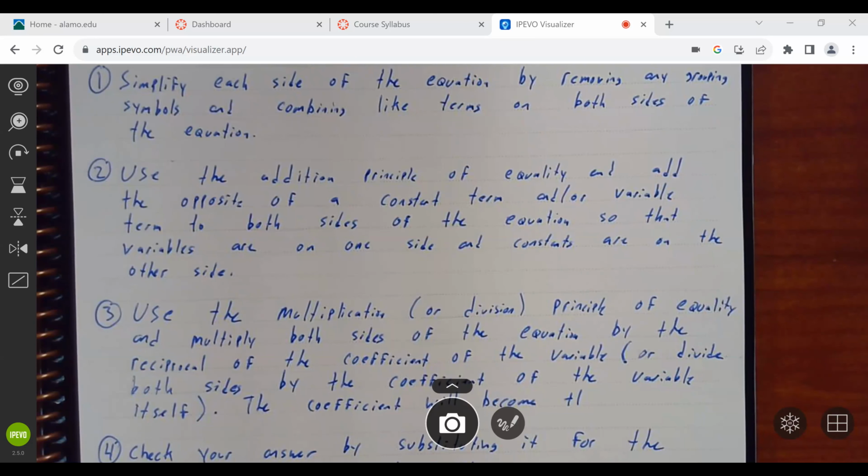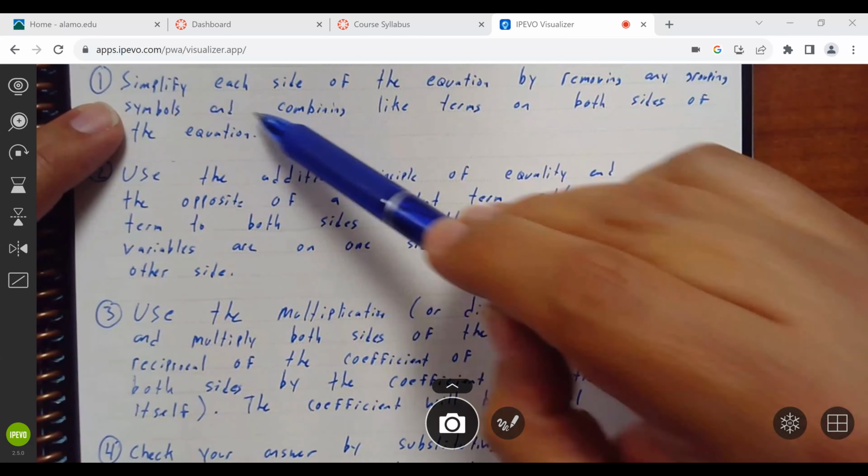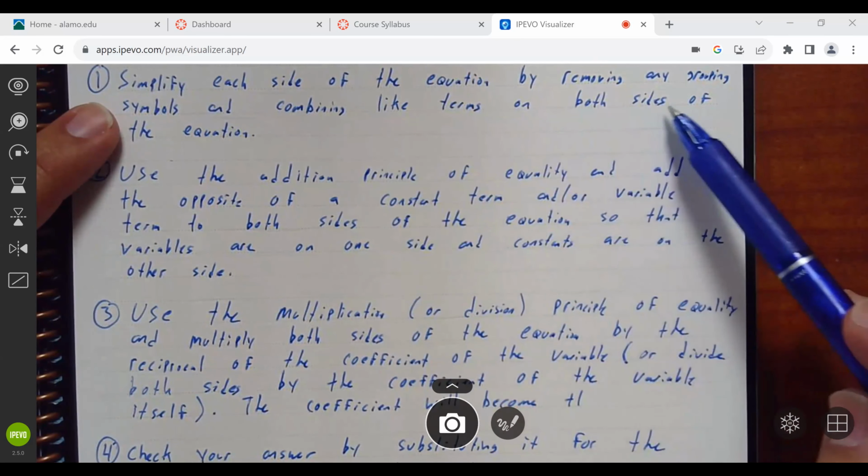You would write, which part? For one? Let's see, the part that I added is by removing any grouping symbols and combining like terms on both sides of the equation.